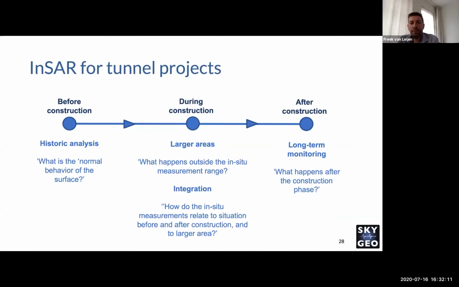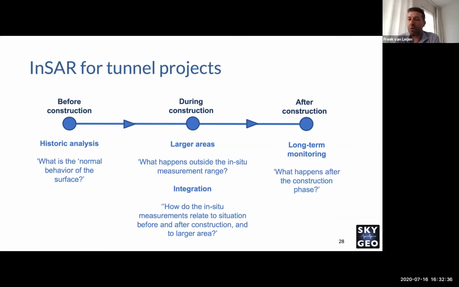So indeed, sometimes for a certain project we analyze multiple data sets to get the most information that we can retrieve. We do analysis with both X-band and C-band, and that's useful because with more information you can do a better analysis.